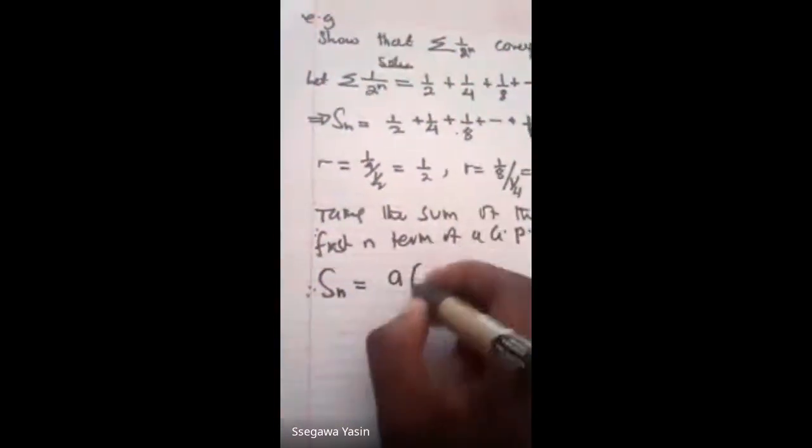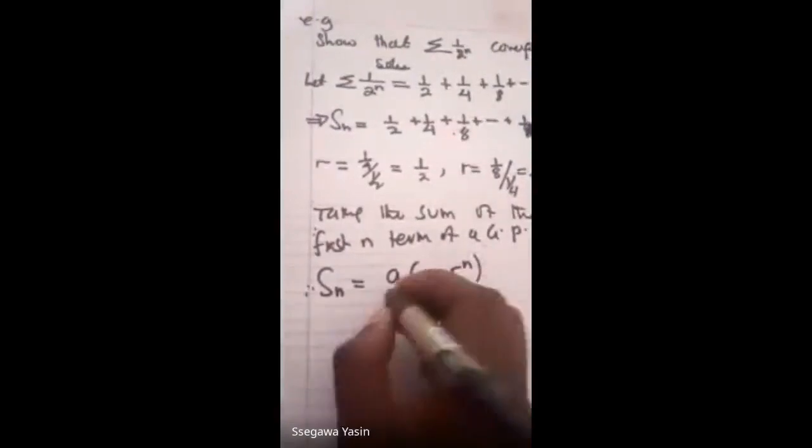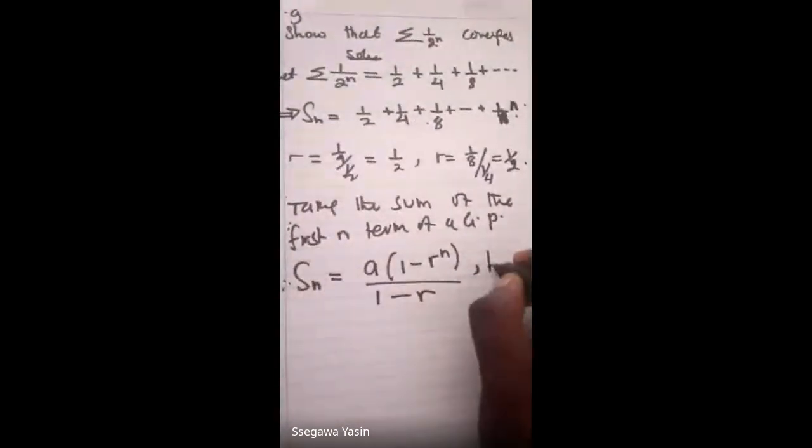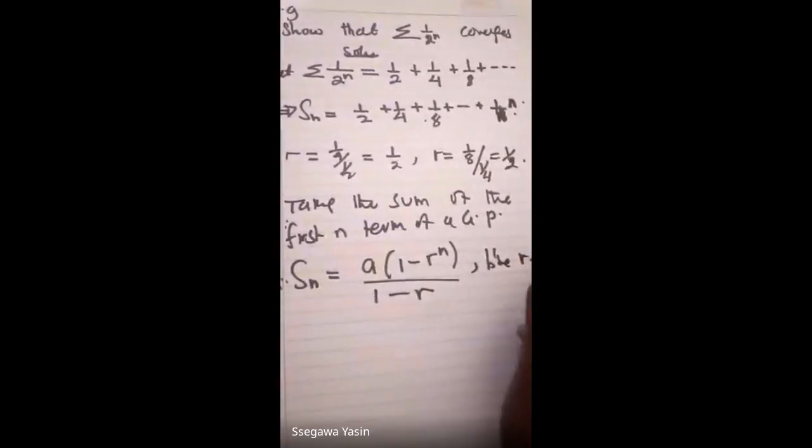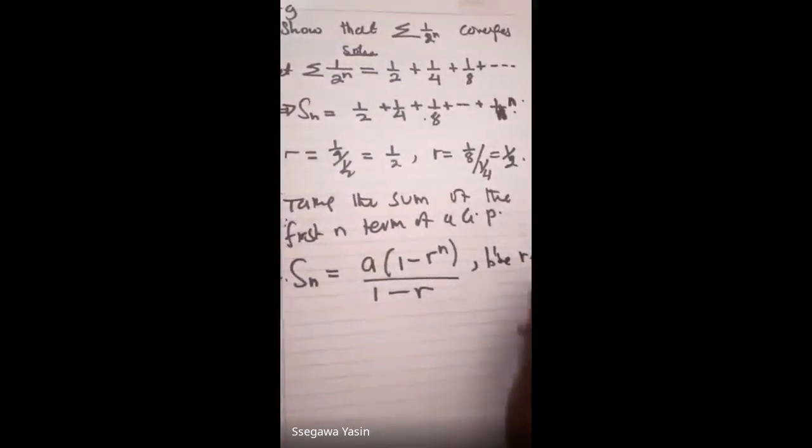This is A into 1 minus R to the n over 1 minus R. Why am I taking this? Because our R is less than 1.